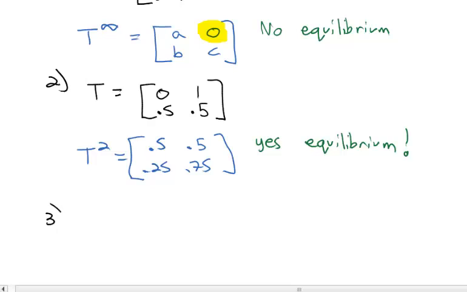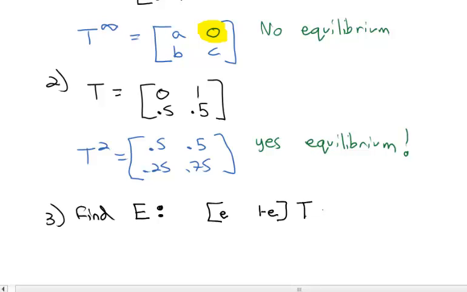Now, how do we find it? Well, it's really easy to find the equilibrium vector on a 2 by 2 matrix, because the equilibrium vector is going to represent the two values. Let's say we don't know the first value, but the second value has to be everyone else. It's the complement of the first value, so we really just have to take 1 minus the equilibrium.